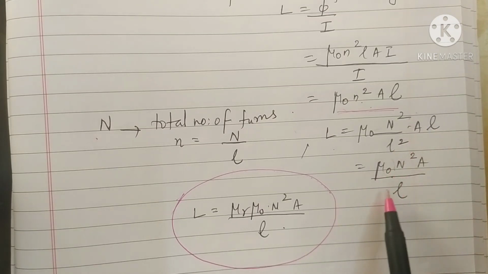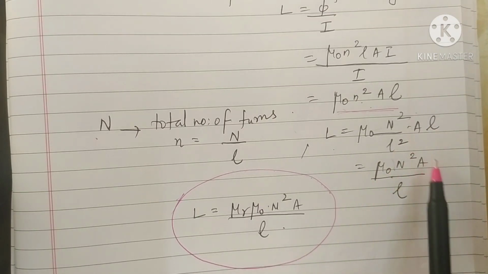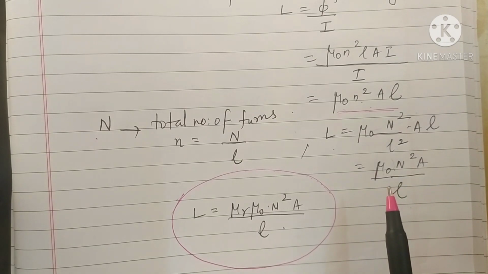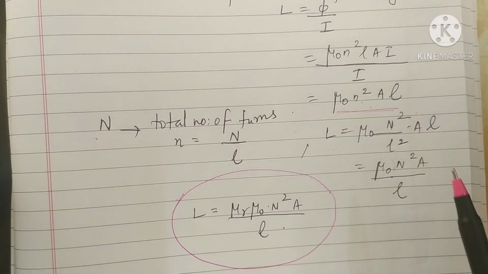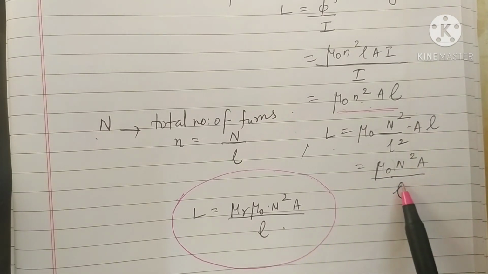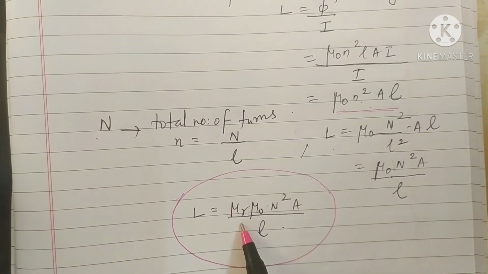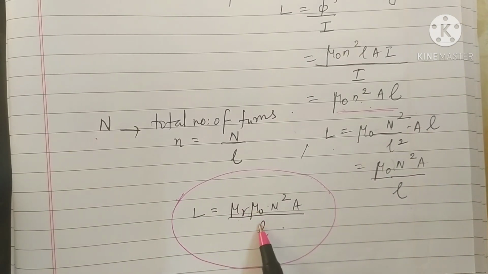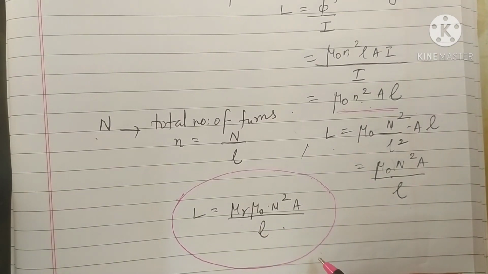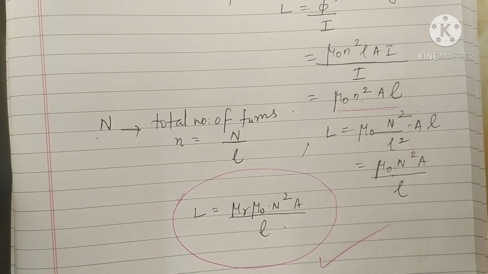This will get cancelled and the final expression is mu naught N squared A by l. If you are considering any material of high relative magnetic permeability, in this expression the value of mu r also will come there. So L is equal to mu r mu naught N squared A by l. So this is the expression for the self-inductance of a long solenoid. Clear for you?